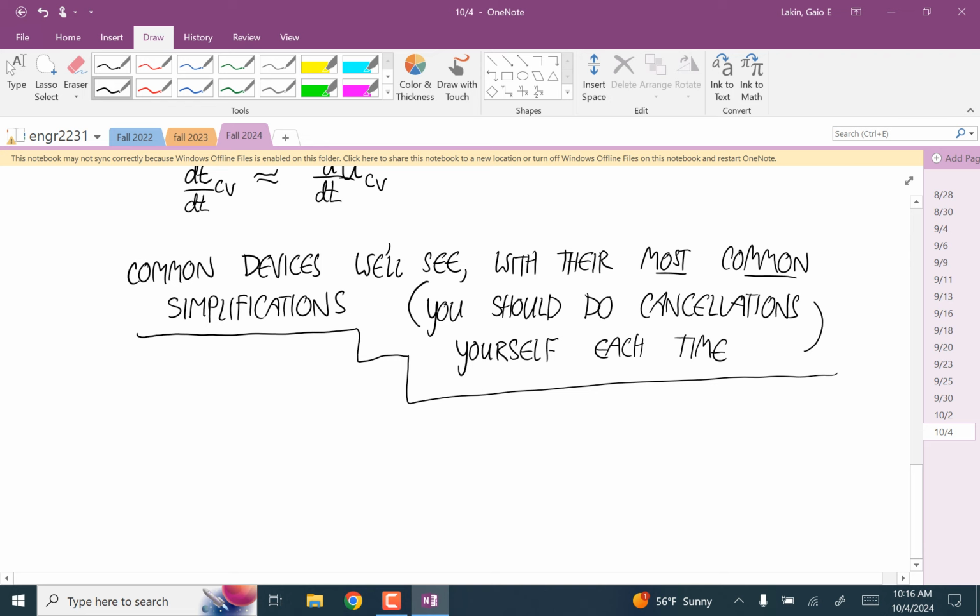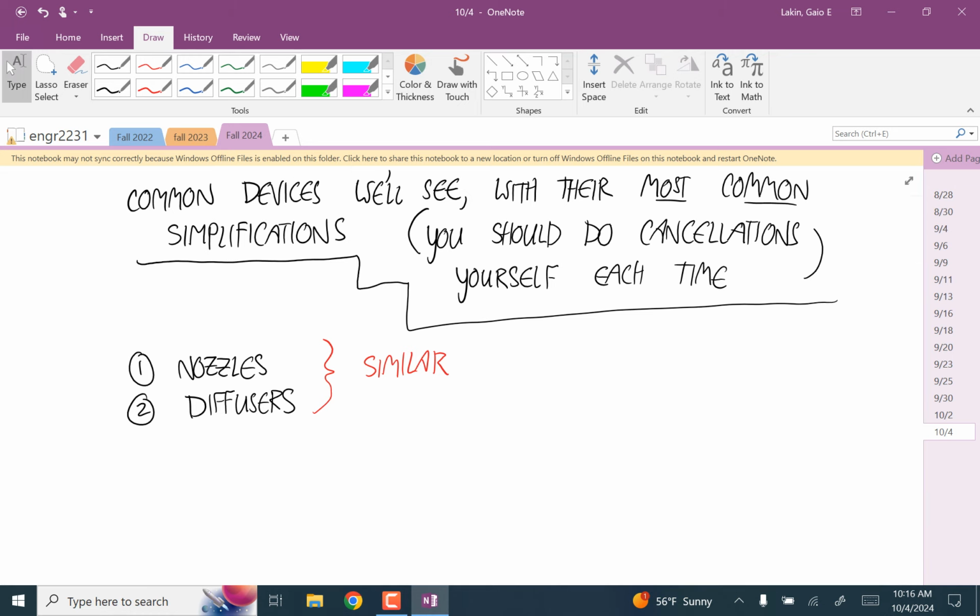And so these are nozzles and diffusers. These two are related. There are a lot of similarities between them. They're kind of like the same device being run in the opposite direction. Third is turbines.